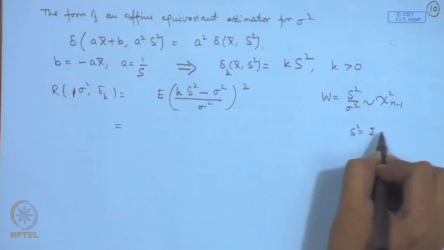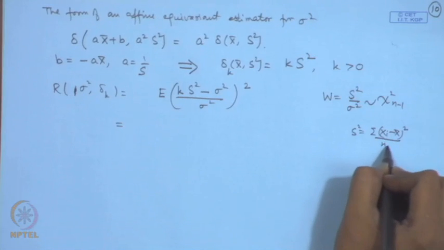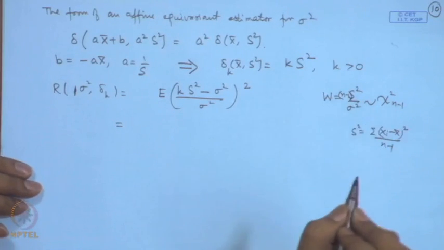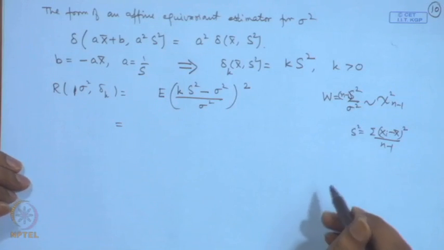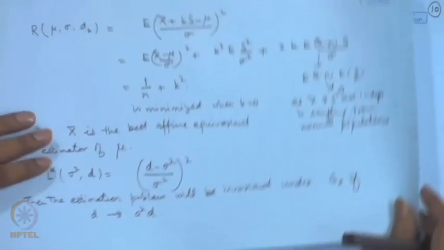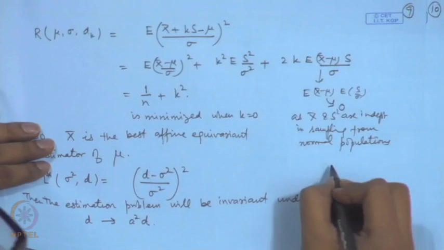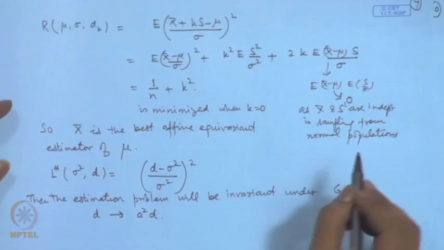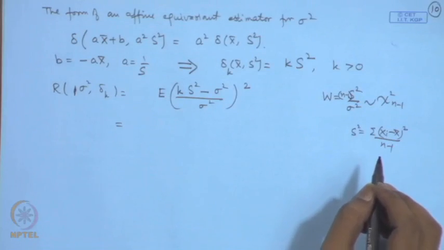If I am using s square equal to sigma x i minus x bar whole square by n minus 1, then we should have n minus 1 s square by sigma square following chi square on n minus 1 degrees of freedom. So, we can use some modified notation here, because I substituted here expectation of s square equal to sigma square. So, actually I am choosing the definition of s square as 1 by n minus 1 sigma x i minus x bar whole square.